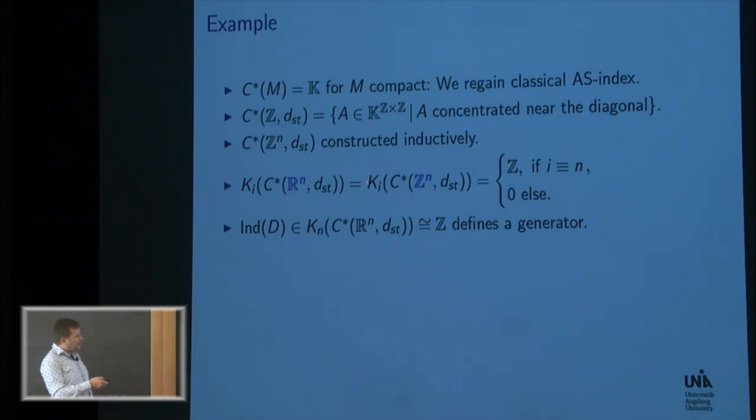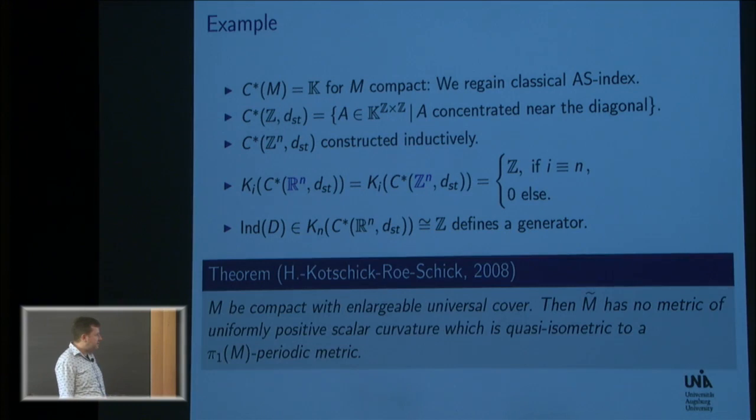If we are in the same parity as n, then we get Z, and otherwise we get 0, just as in the usual K-theory for compact spaces. And so we get this index invariant, and this actually defines a generator of this group Z. So this example shows us that there is really a chance to do very efficient computations.